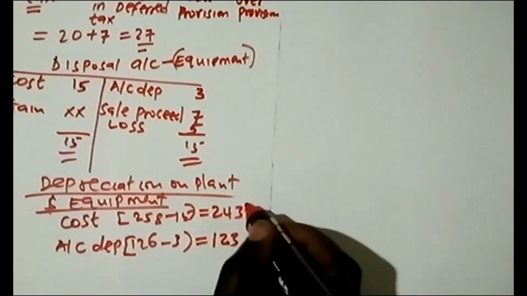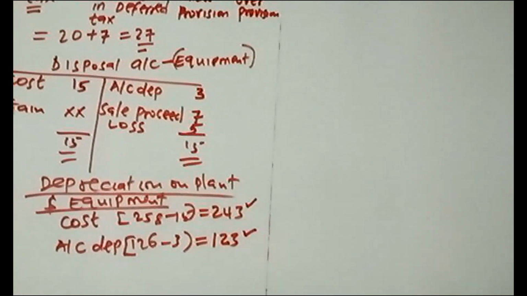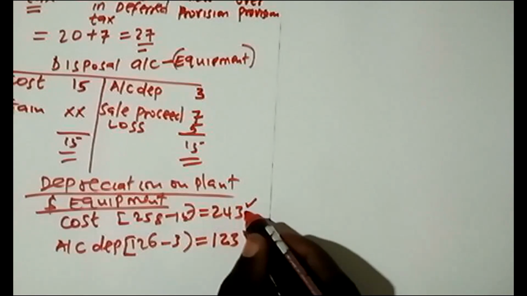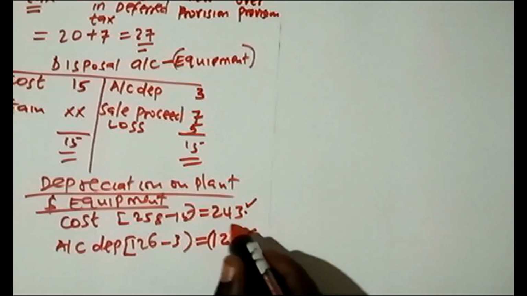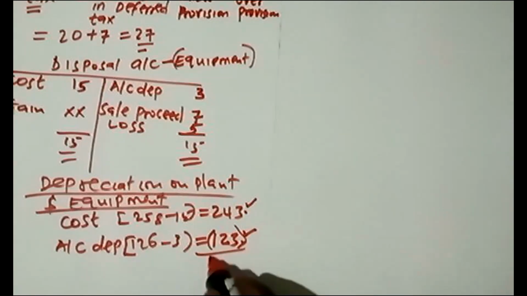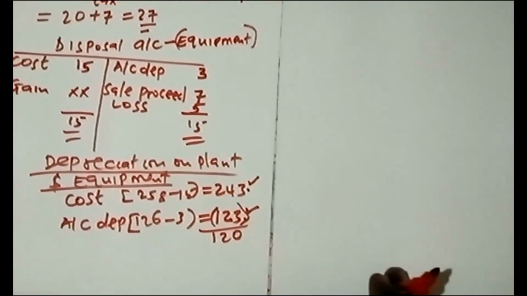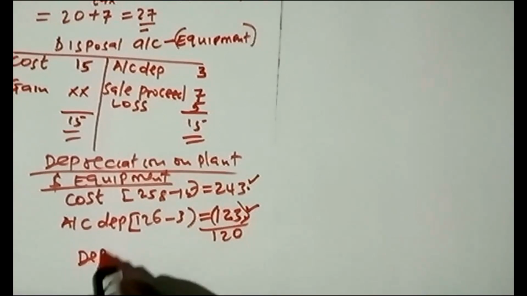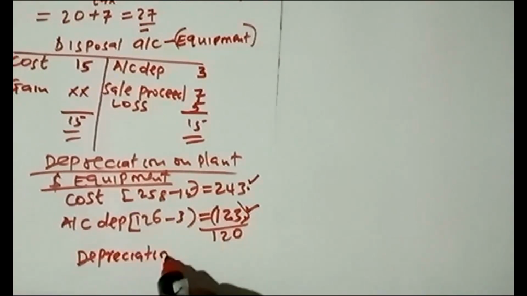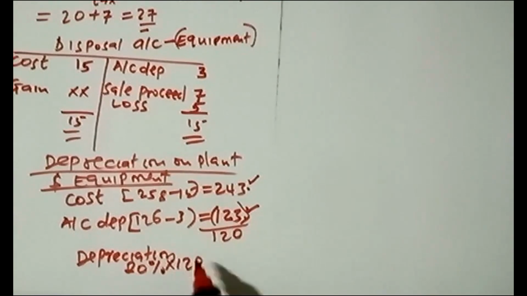So after getting this cost and accumulated depreciation, now we can apply our formula by taking this cost minus accumulated depreciation. We get 120. So our depreciation for the year will be the depreciation rate of 20% multiplied by the 120, and this gives us 24.